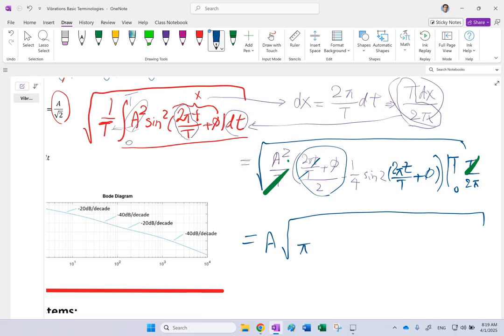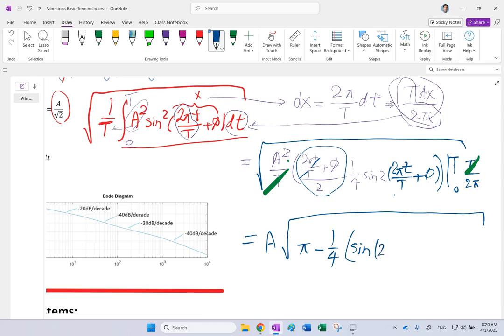And this other one is going to be minus 1/4 of sine of. So again, if you plug in t, it is going to be 2 pi plus phi, correct?